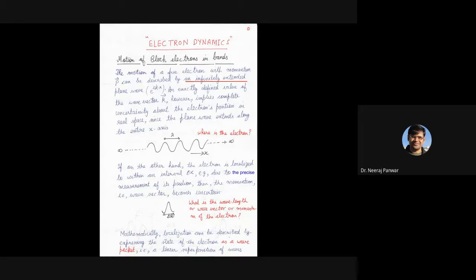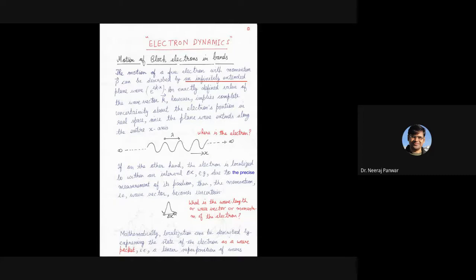If we ask what is the momentum of the electron, we cannot tell, because we don't know the wavelength of this localized wave, and since we don't know exactly what the wavelength is, we cannot precisely predict the momentum of the electron. So mathematically, localization can be described by expressing the state of the electron as a wave packet.